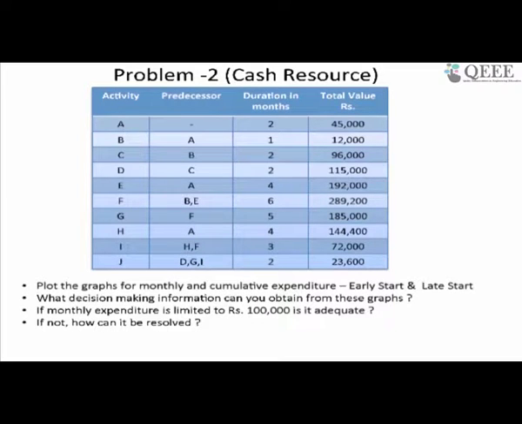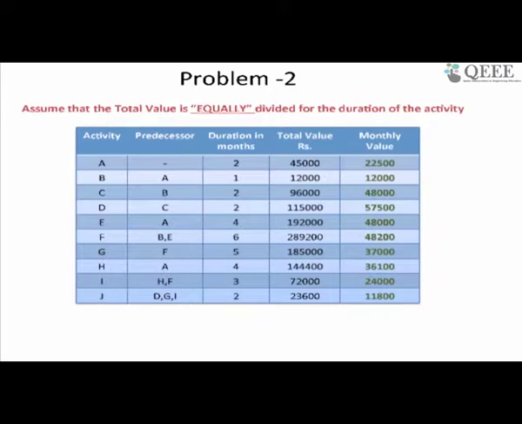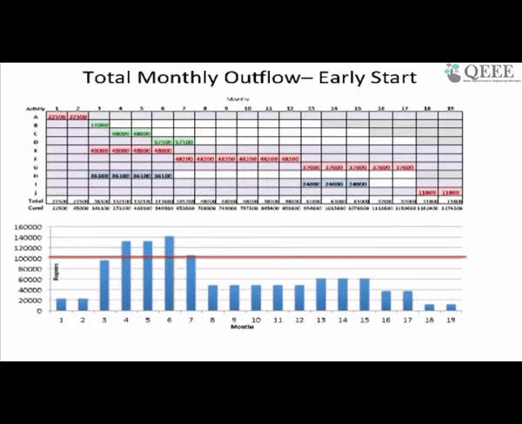So if you have 45, divided by 2 will be for each month. That is the way we are assuming it. So here we have the total value for the activity and the monthly value for the activity. This is the resource load which I now have to load on the schedule.